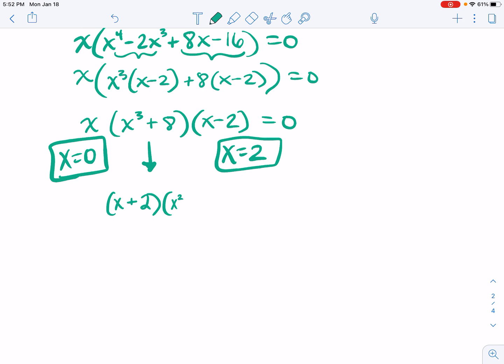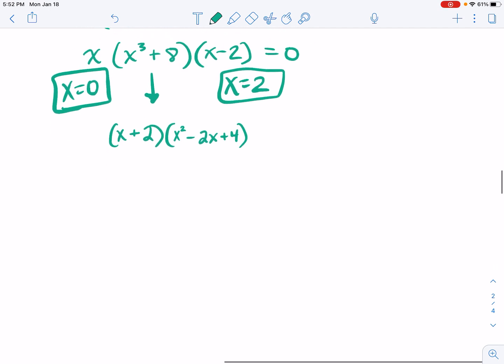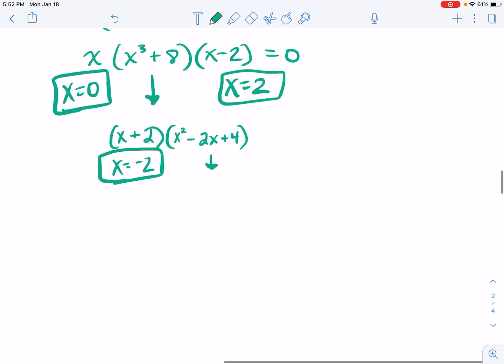Square the first, change the sign, multiply the two together, and then square the last. So then I want to go through and I say, okay, well, this is giving me an x of negative 2. And then I want to look through here at this trinomial and I want to say, well, can I factor it some more? What are the zeros there? Well, factors of 4 that add up to negative 2, it's not factorable.